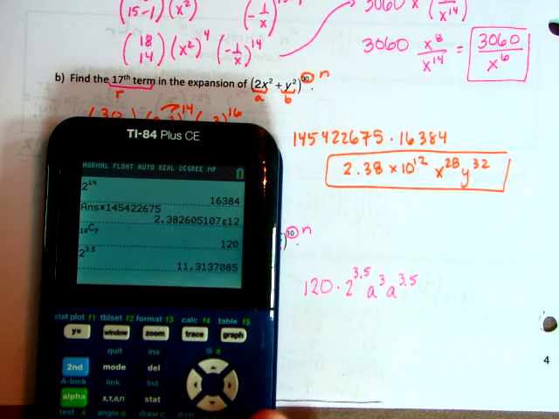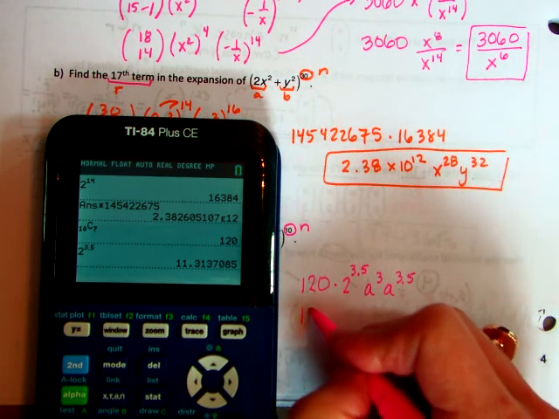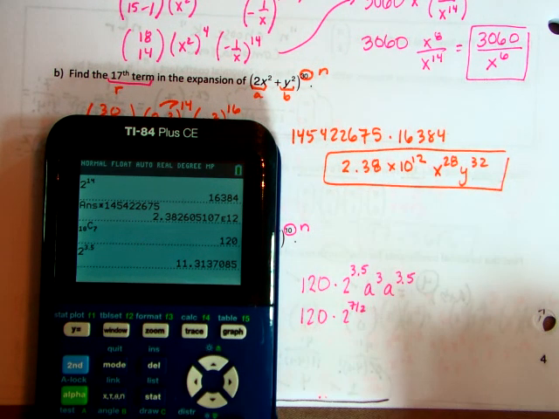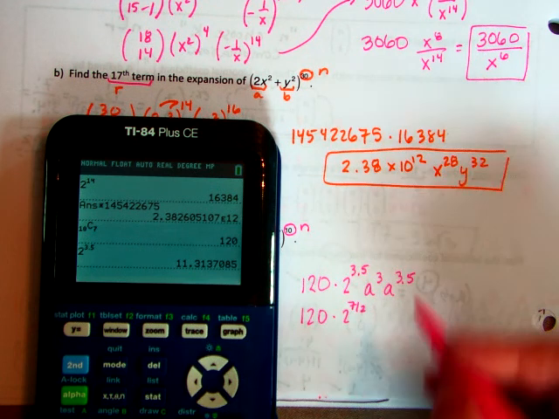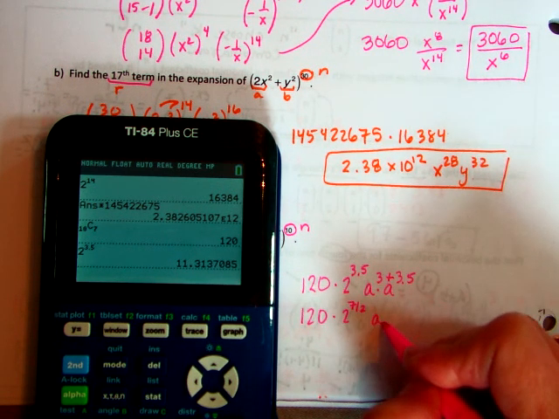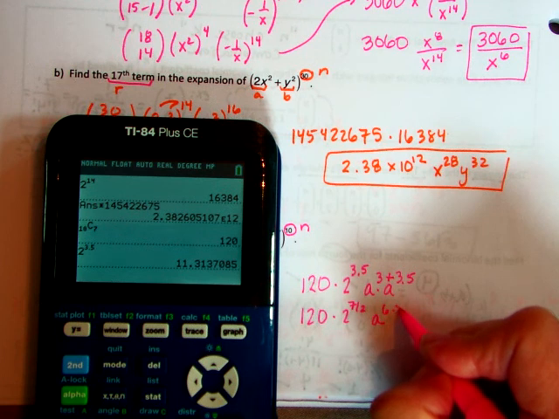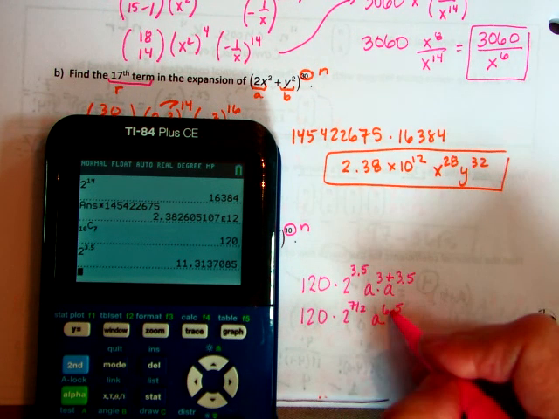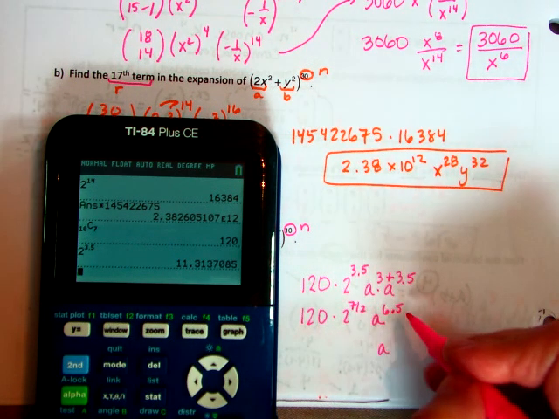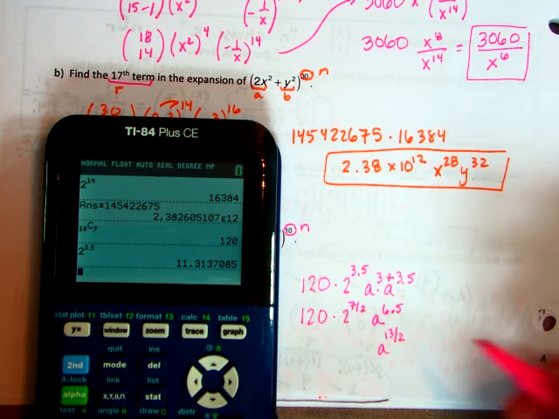Here, when you multiply, you add. So that would become 6.5, which again, I don't want a decimal exponent. That's kind of weird. So that's the same thing as 13/2. So if I think about that, you could leave it as 13/2, or you could do square root of a to the 13th, rewriting it in that way.